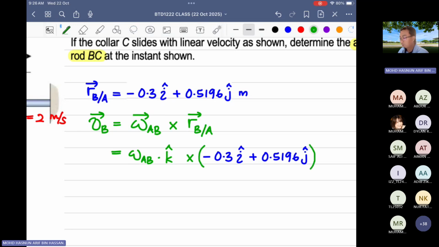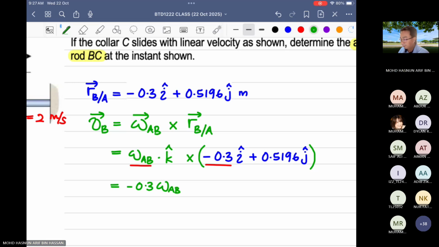So how do we do cross product of multiple items like this? The first thing, the same, you multiply the value. So now we have omega AB, which the value is unknown, and we have negative 0.3. So what we get here is minus 0.3 times omega AB.